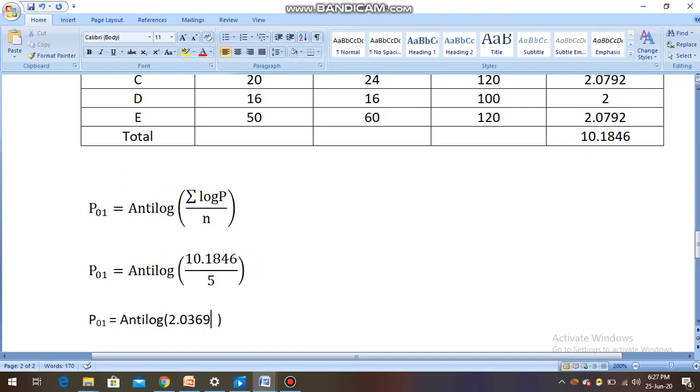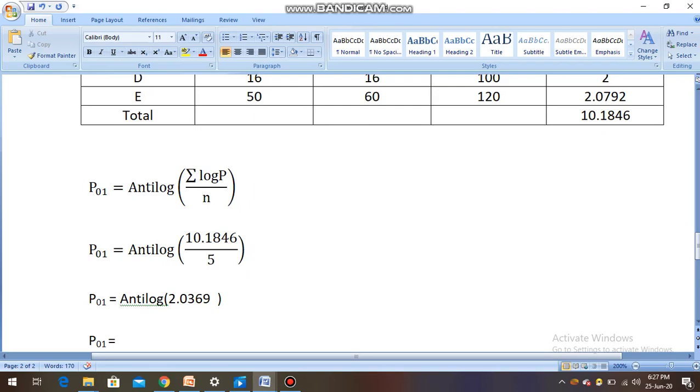Again I am repeating, consider at least 4 digits whenever you are doing log or anti-log. Then anti-log of 2.0369, again you can do using a scientific calculator, or you can calculate it using your logarithmic table. Then anti-log of 2.0369 is actually 108.89. So this is the answer.